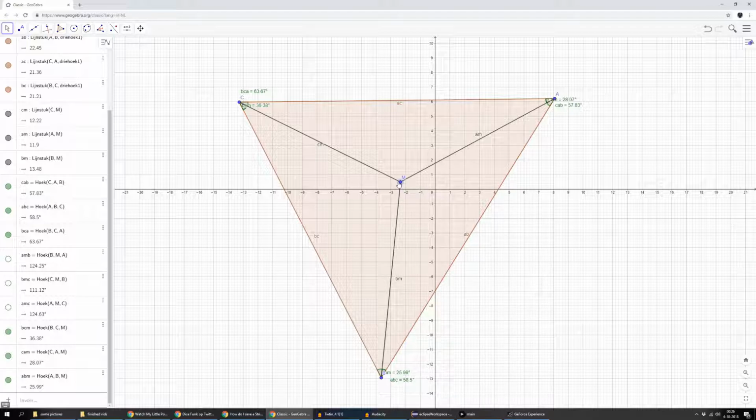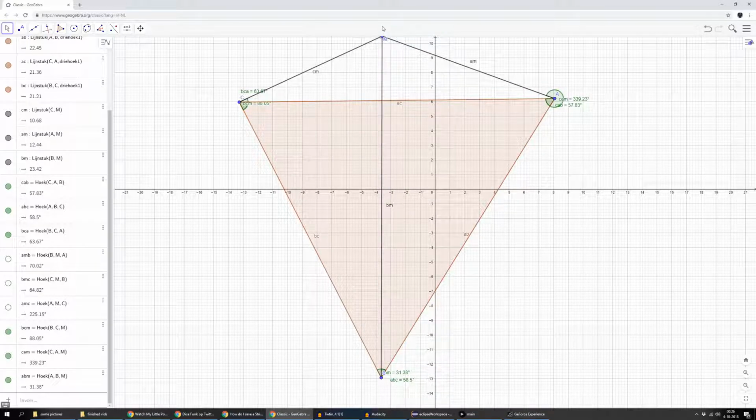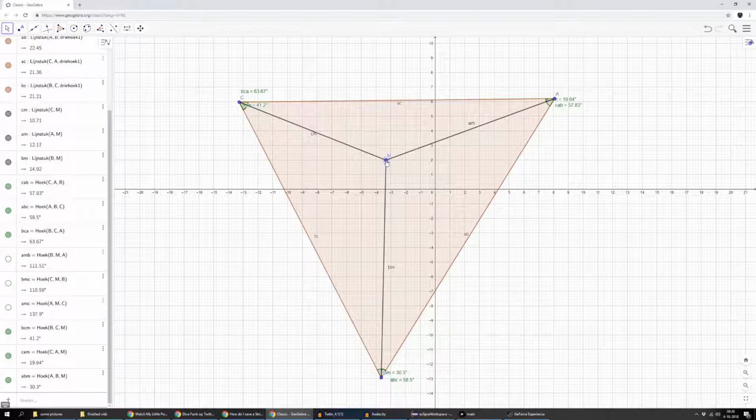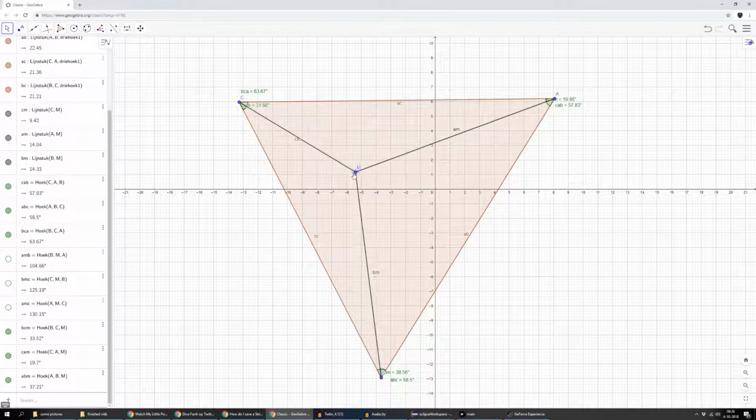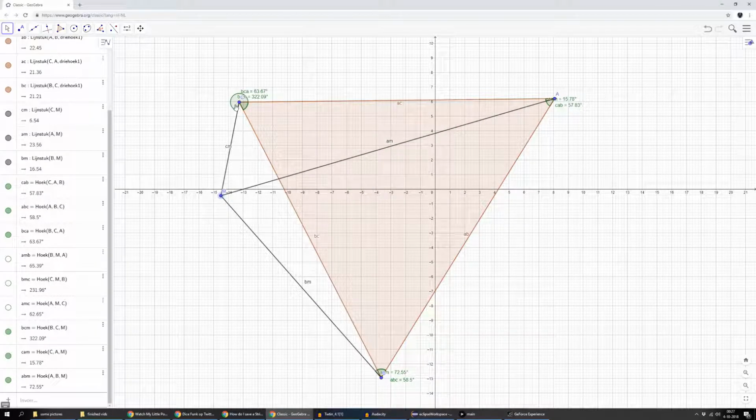And some of the more clever people out there probably already figured out exactly what I'm going to do. If I'm dragging this one outside, then BCM will be bigger than BCA. But then you'll think, oh, but what if you drag it outside here? Because, yeah, sure, now this goes all the way around, but you just explained that it will always take the smaller one, so it would just take this little bit.